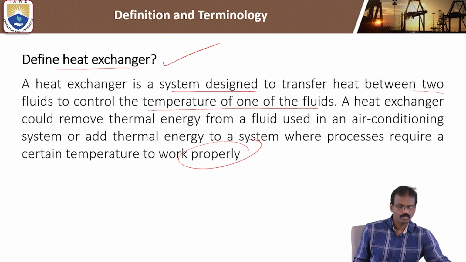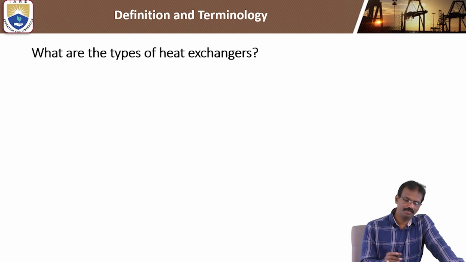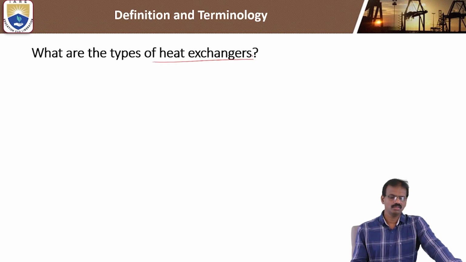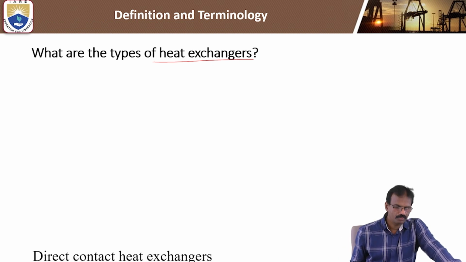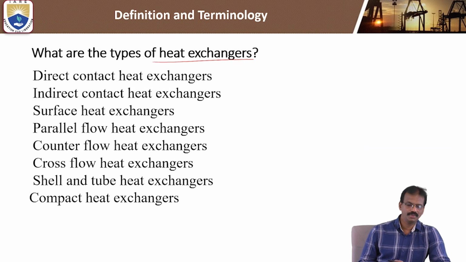Now we'll see the types of heat exchangers. There are many types of heat exchangers based upon the fluid flow and flow directions, and based upon the design. These are the types mainly.